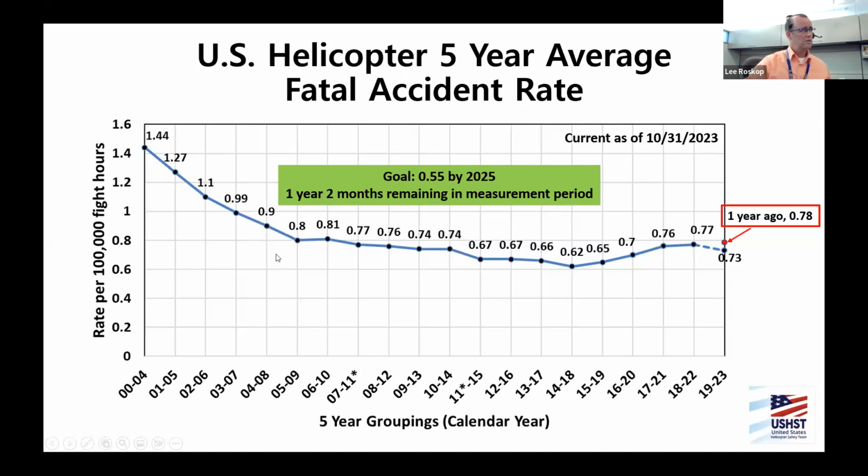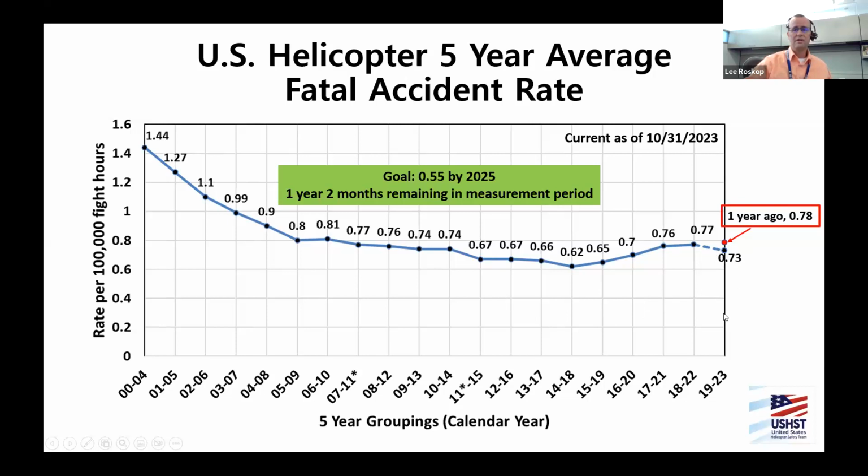But honestly, the reason we're using a 5-year average is we shouldn't see very volatile swings from year to year. The whole intent of going to a 5-year average when the steering committee decided to do that was to smooth out and dampen some of the year-to-year volatility that we saw. As I've talked about before, 3 of the years that are factoring into our current 5-year average are at 0.8 per 100,000 flight hours.